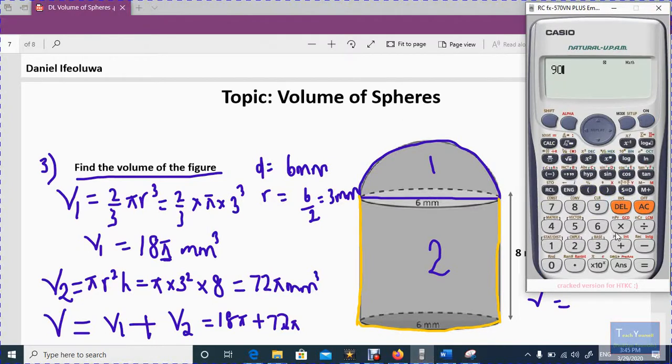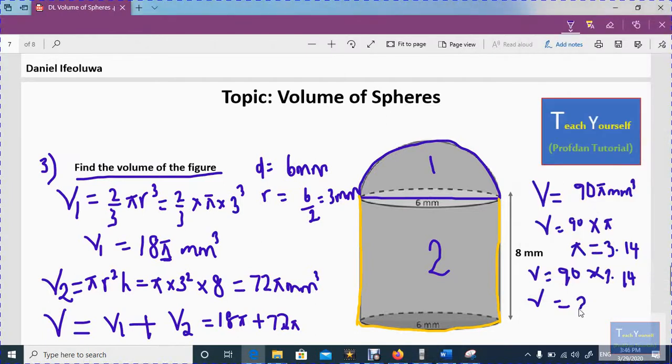So we have 90 times 3.14, which gives, this is given in a fraction. You can write it as a mixed fraction by pressing shift and this button. This I've explained to you in our previous video. So it can be written like this or as decimal 282.6 millimeter cube.